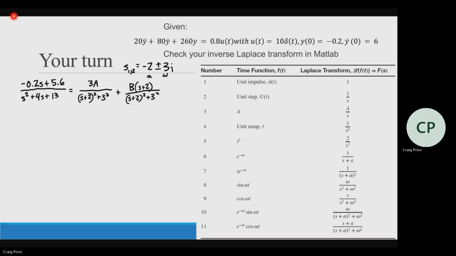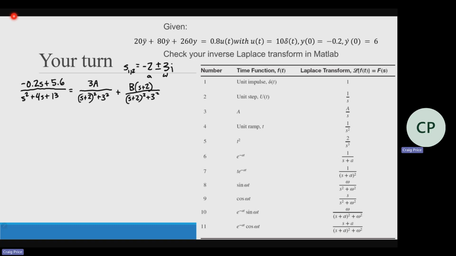Perfect. Wait. What? Hold on. This is positive. So this is 5.2 equals 6a, right? Or no, 3a? Or wait, oh, 6a. You're right. Oh, hold on. Yeah, it's divided by 6.